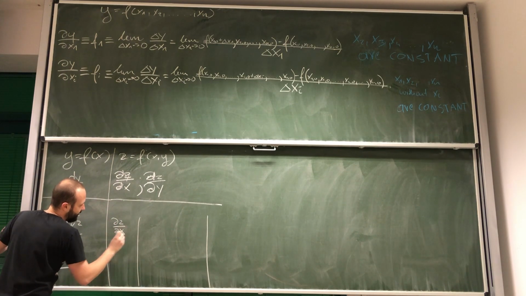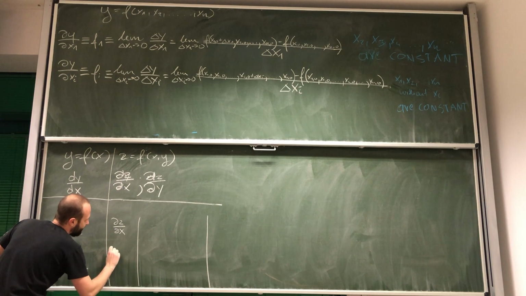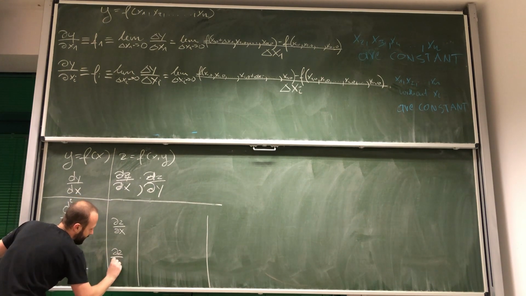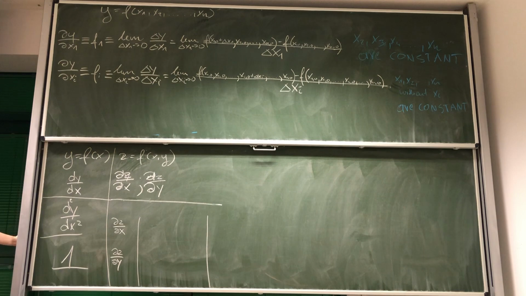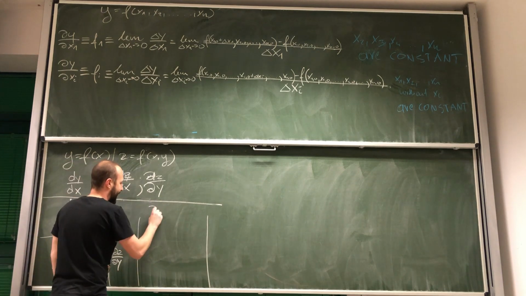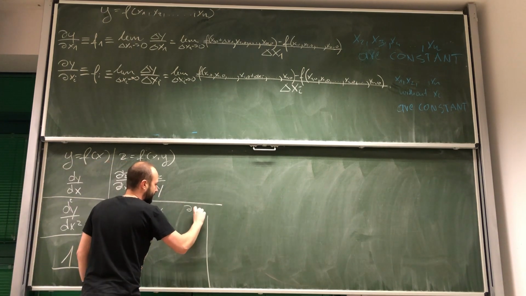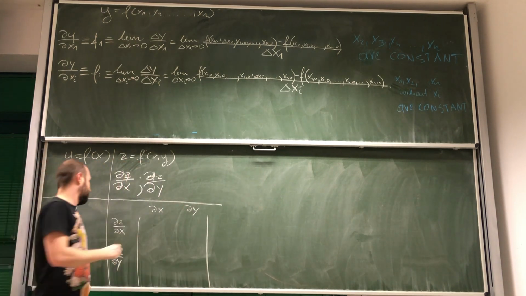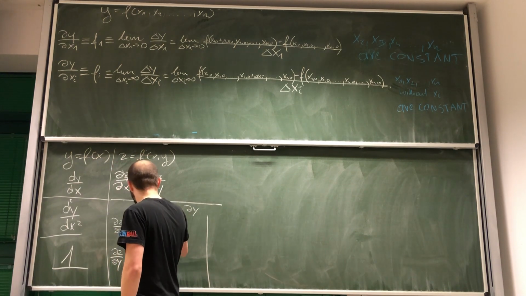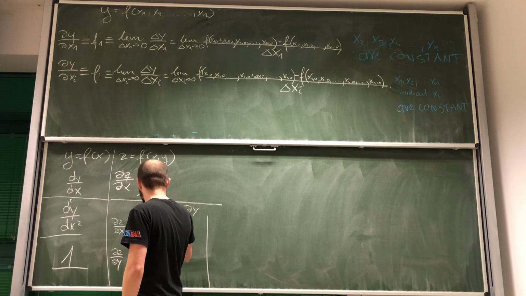So first derivative here, dz dx, dz dy. Now, I can differentiate each of these with respect to x and y. So, over here, I will have d squared z dx squared.